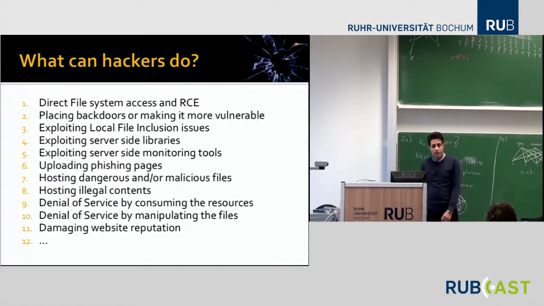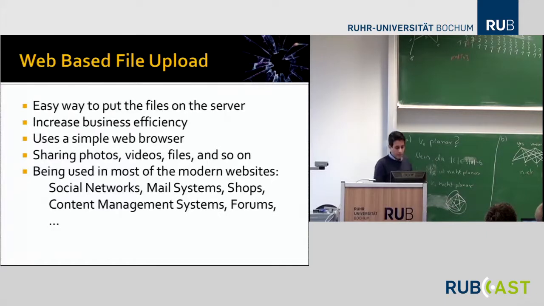If they can upload whatever they want, really they may be able to do whatever they want: run commands, remote code execution, place backdoors inside your source code, exploit the applications that you have on the server, deface the website, or, if they can't do anything else, they can put some illegal software, adult materials or illegal content on your website, or do some denial of service by filling your hard drive or your database.